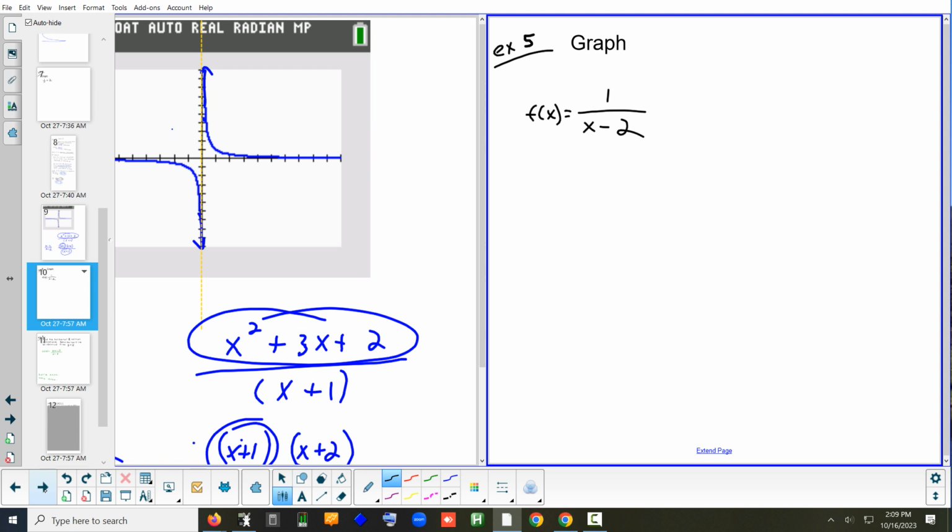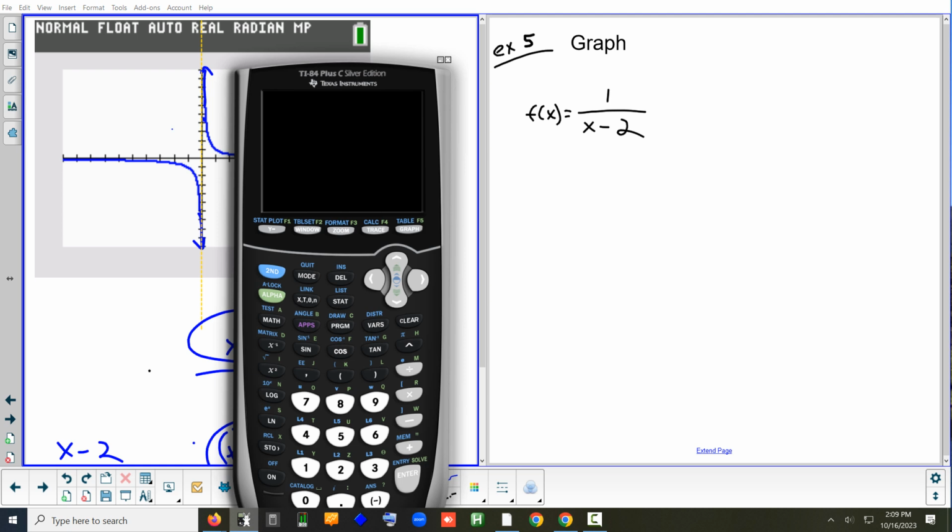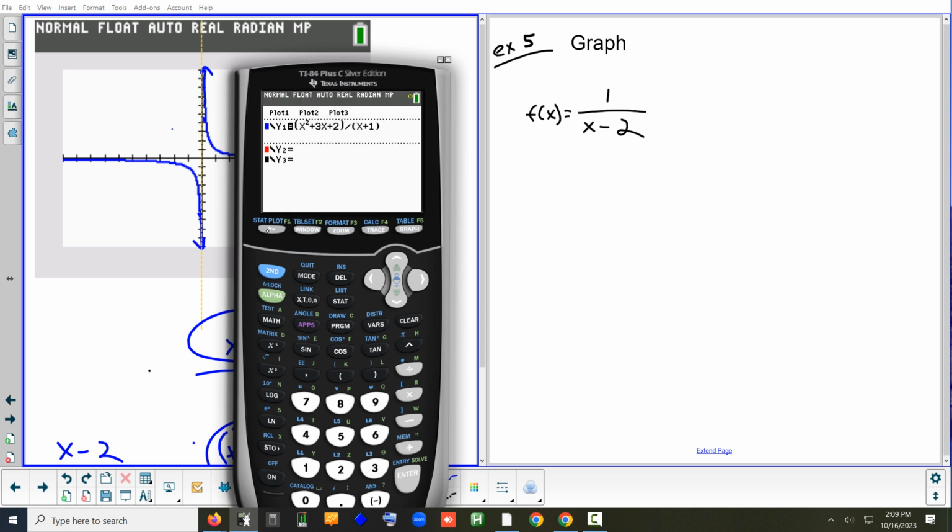I guess I can graph that one if you want to see it. When you graph it, make sure you put it in parentheses. So 1 divided by (x minus 2). If you don't, it's not going to do order of operations in the way that you want. Because we put that -2, it's going to shift it to the right.